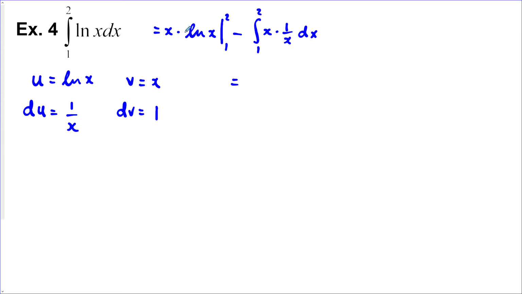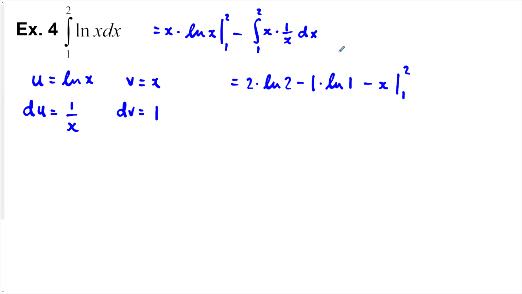So the first part here, we'll go ahead and evaluate them at 2. So 2 times the natural log of 2 minus 1 times the natural log of 1. And minus the antiderivative of 1, which would be just x. And we need to evaluate that from 1 to 2.